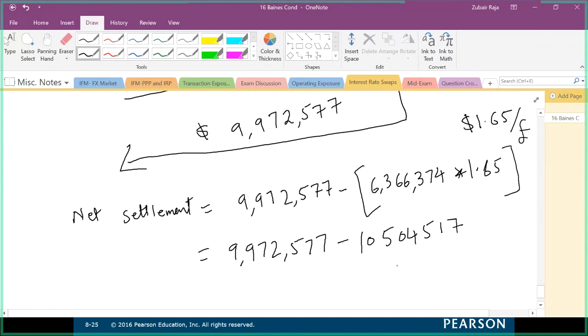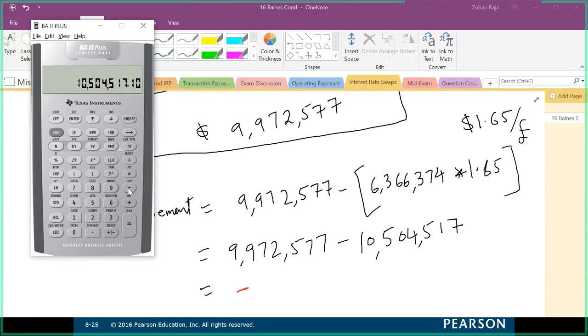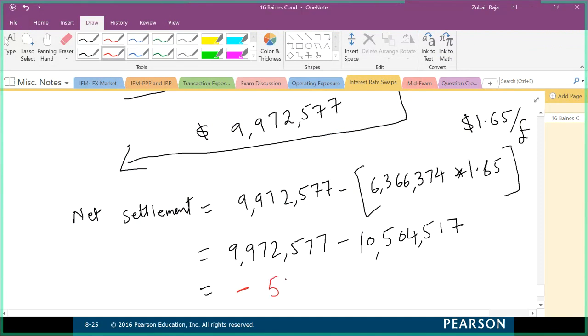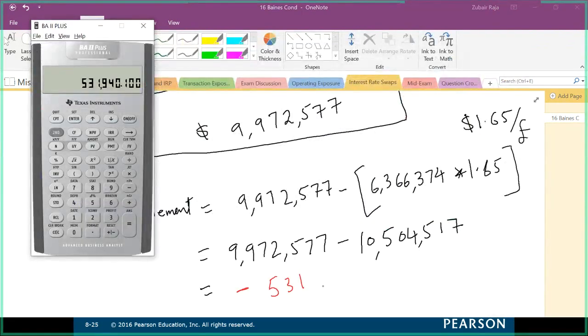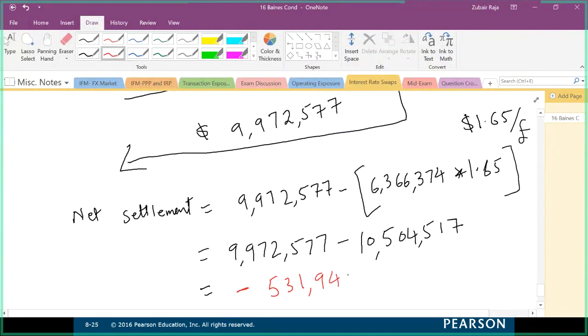I'm just not putting things in decimals right now, right? So what is happening over here? Because it's negative, I'm getting minus 9,972,577, right? So I'm getting 31,540.